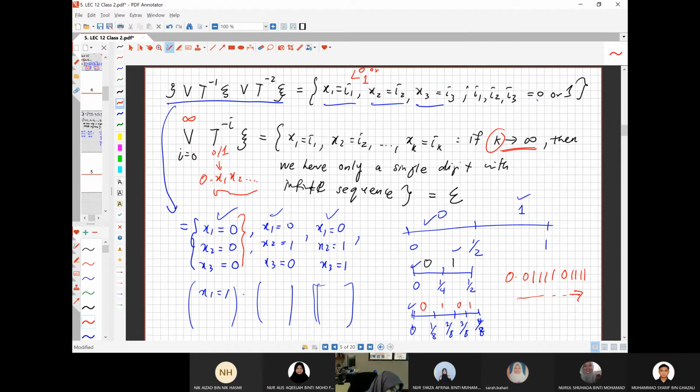So you can fix any number. So 0 point 0, 0, 0, 0, 0, 0, 1 sampai berapa kali? The last one? 3 je. Okay, sebab ada 3 ni. Lepas tu you can have 0.101, then 0.001, 0.11 and so on.